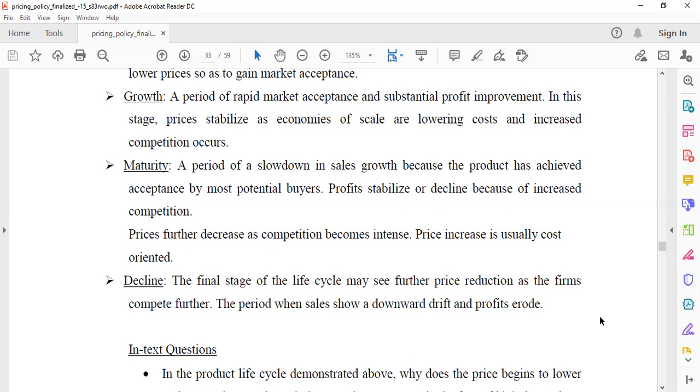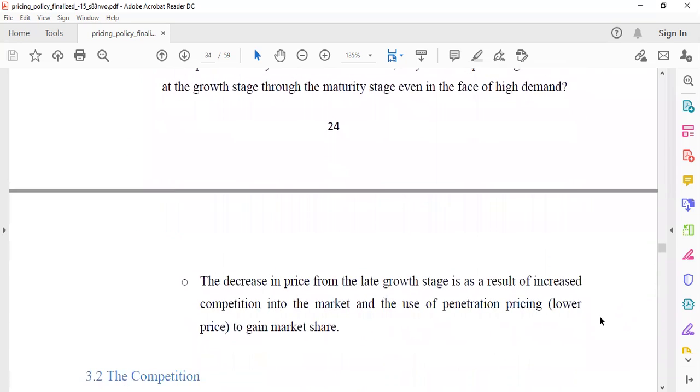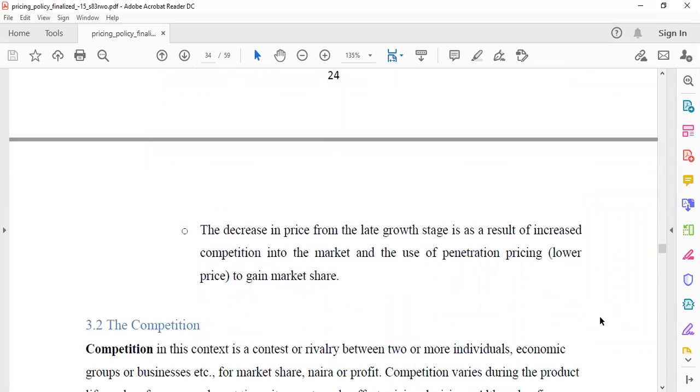It's also at this point that some organizations may think of rebranding the product and possibly bringing it in as a new product, a modified version, upgrading it to something exciting so it begins the process all over again. So we've seen that the stage of the product life cycle has a way of affecting what the price of the product should be.